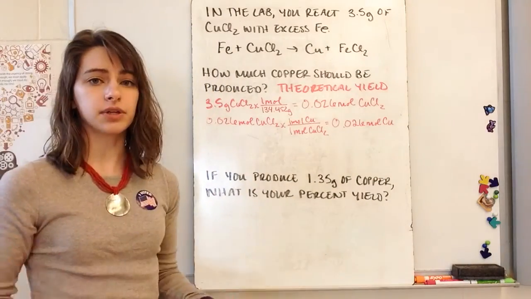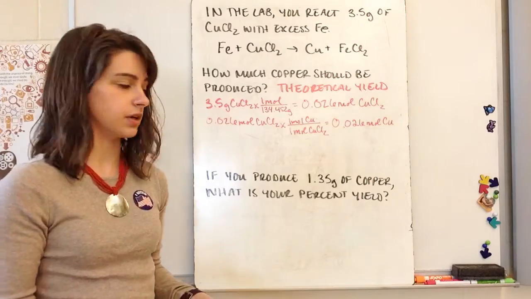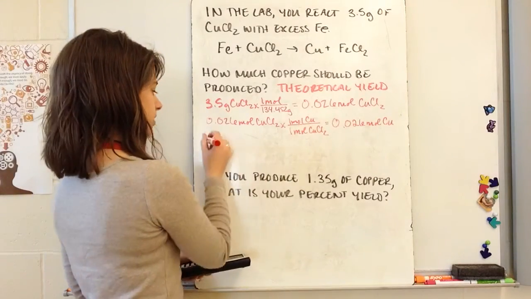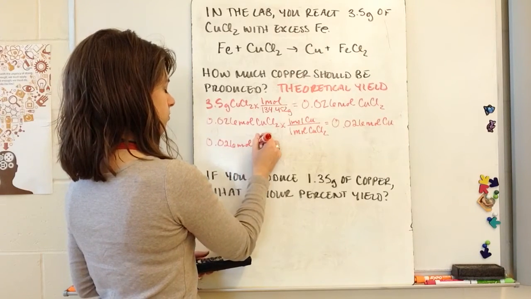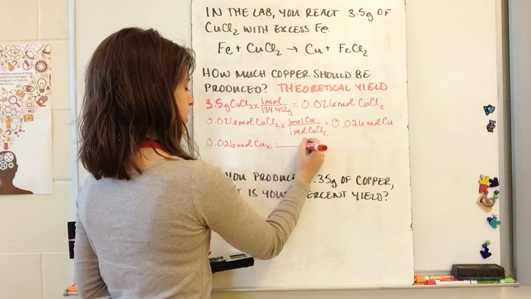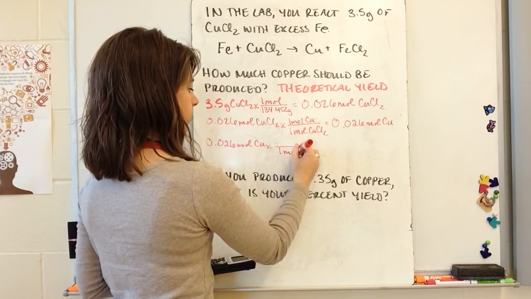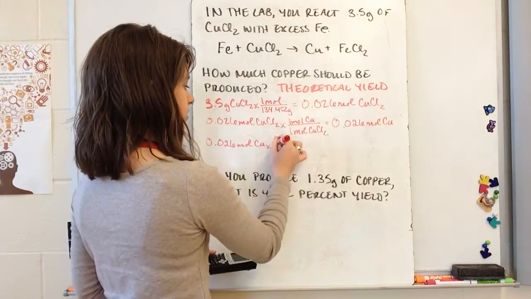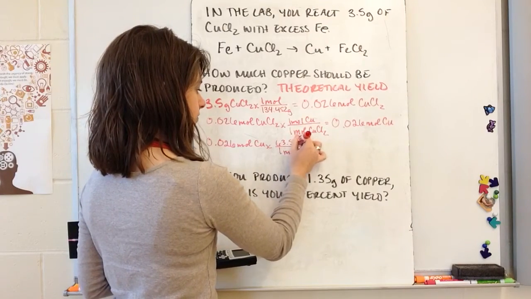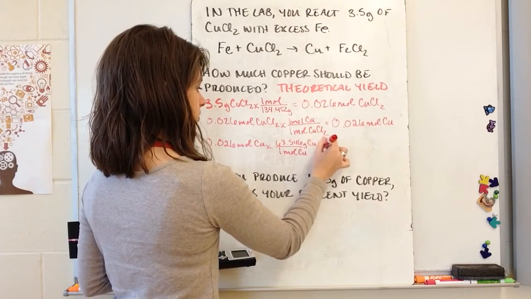And now, to put this in a little bit more practical unit, we're going to convert this into grams. So 0.026 moles of copper. And then I know for every 1 mole of copper, I have, off my periodic table, 63.546 grams of copper.